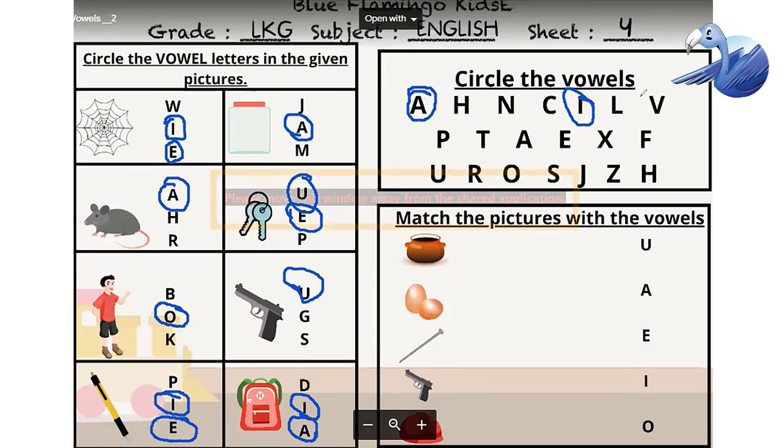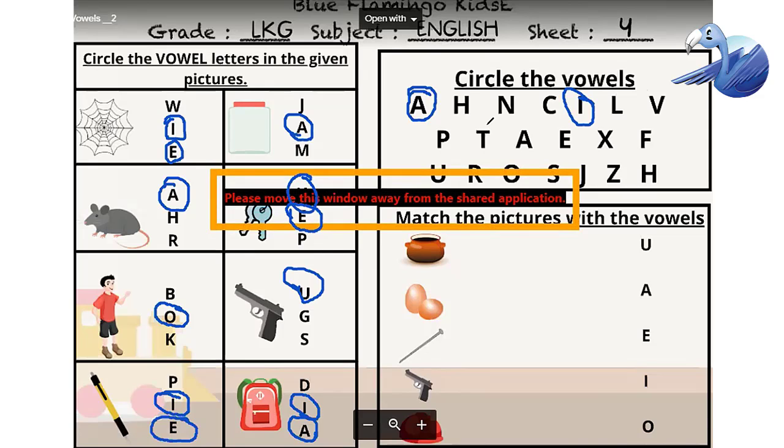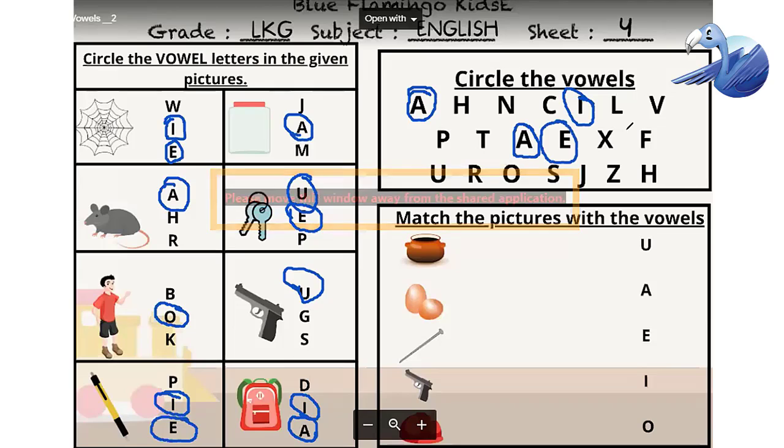V? No. P? No. T? No. A? Yes, A is a vowel letter, no? So we have to circle A. E? E is again a vowel letter, so we have to circle E. X? No. F?